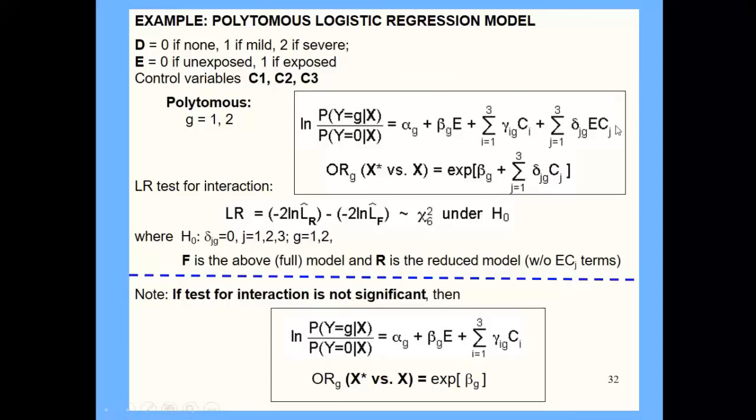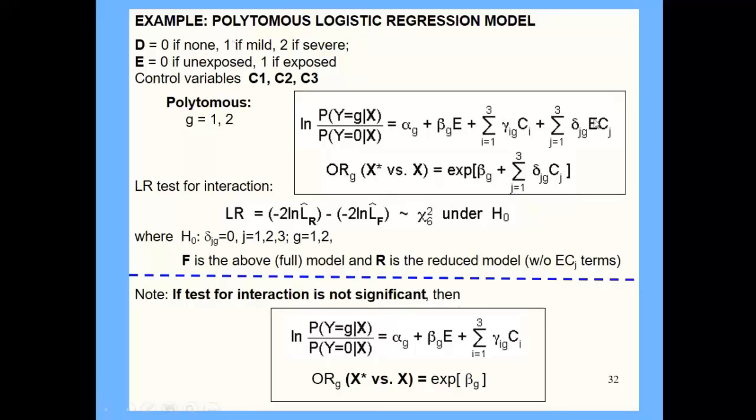And so to do this test, this so-called chunk test, you get the likelihood ratio statistic, which subtracts the full log likelihood statistic from the reduced one, and it would be a chi-square with 6 degrees of freedom. Why 6 degrees of freedom? Because you're testing 6 deltas, or 6 parameters, that you're setting equal to 0. So that's how you do that test.